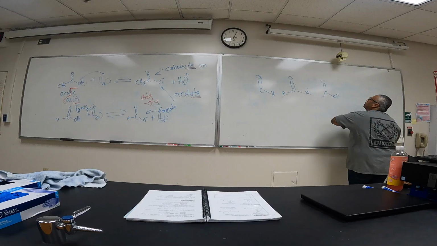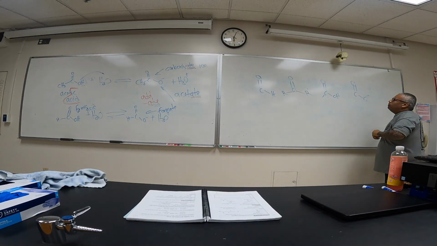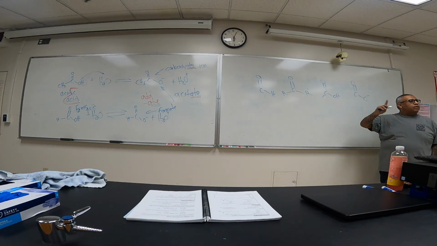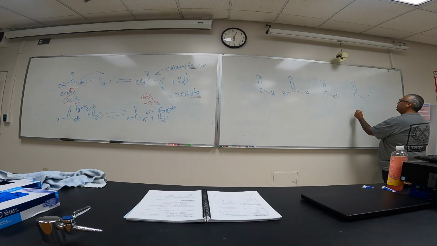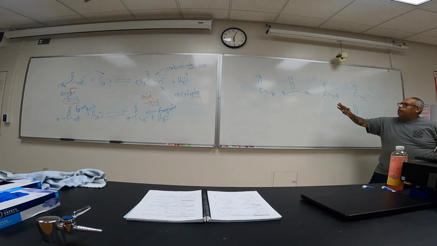We have to differentiate all of these, and then there's going to be a third one that we're also going to add later today that contains nitrogen. We have to know how to identify them.